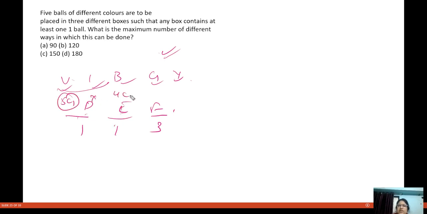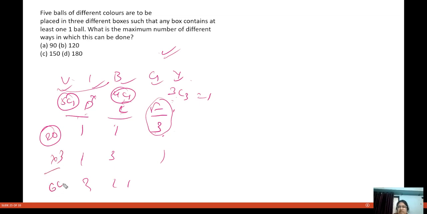When I have these four balls left, I can do this in 4C1 ways. And when I have these three balls left, I can do this in how many ways? 3C3 ways, that is equal to 1 only. So 5C1 into 4C1, how many ways are we getting? 20 ways. And now this is the condition that will repeat, so 131 or 311. So just multiply 3 here, you get 60 here.